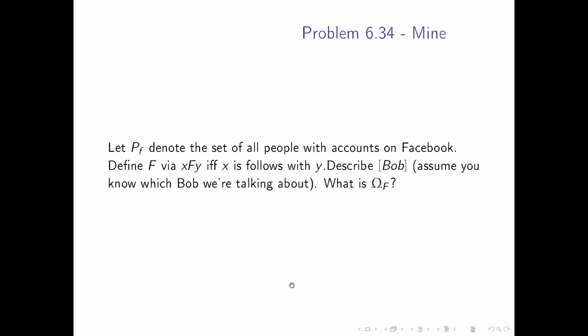So here is an interesting question with that definition. Suppose that F is a relationship such that X follows Y on Facebook. Bob, we want to describe what is Bob.